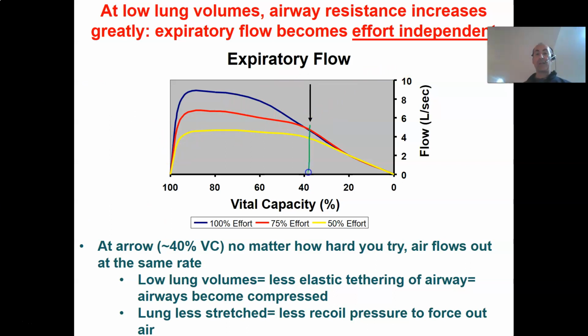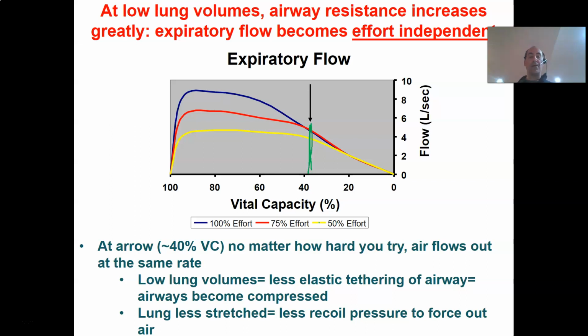At roughly 40% of vital capacity, no matter how hard you blow out, no matter how fast and how much force you try to move air out of your lungs with, even if you use every muscle available to you, the amount of airflow that can occur out of the lungs is effort independent, which means you can't do anything about it. There's no point in breathing any harder.